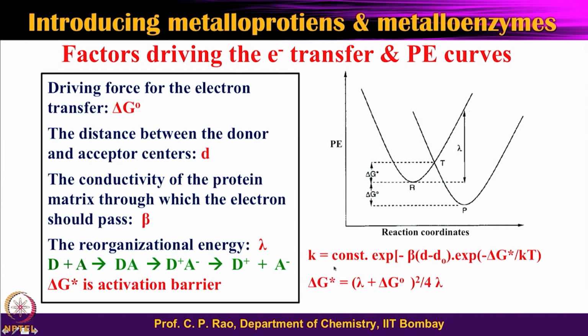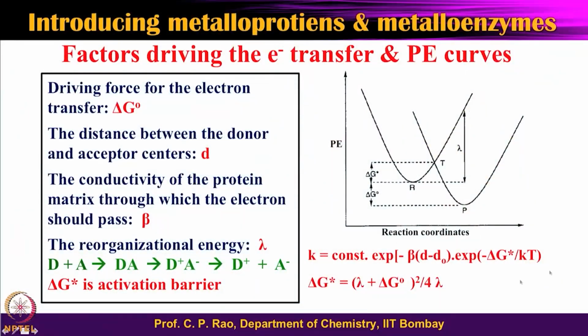So, therefore, the rate of the electron transfer k is some constant, forget about what exactly, times exponential of minus beta (d minus d naught) into exponential of minus delta G star by kT. So, d minus d naught is the actual distance between the two partners, the donor and acceptor in the ground state versus the donor and acceptor when it goes to the activated complex.